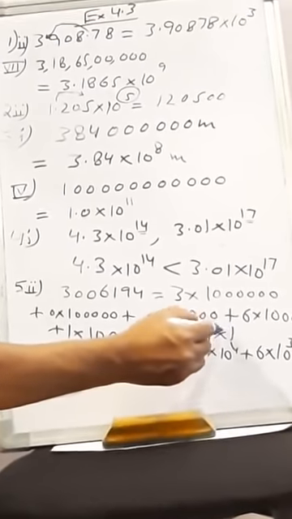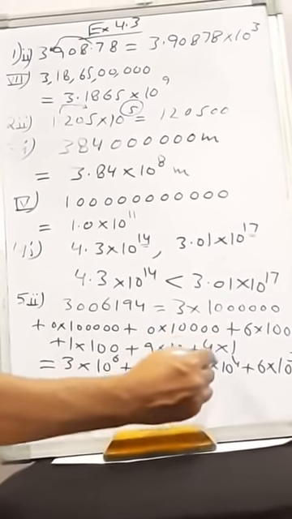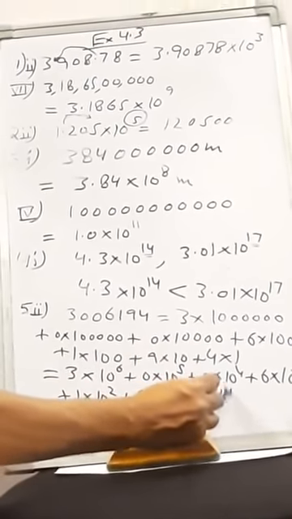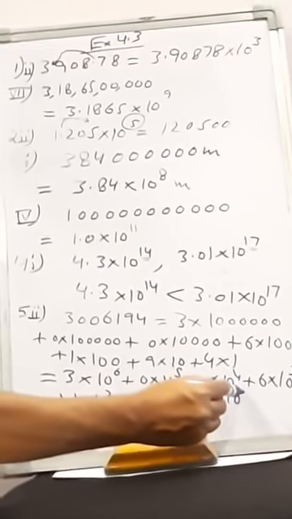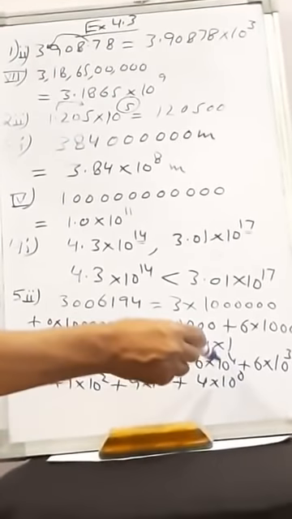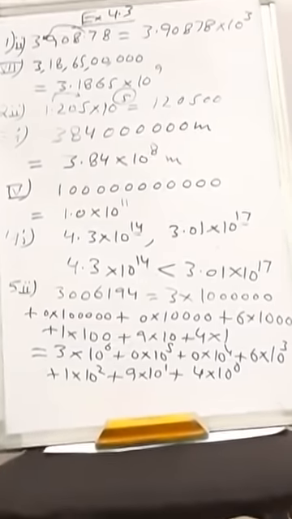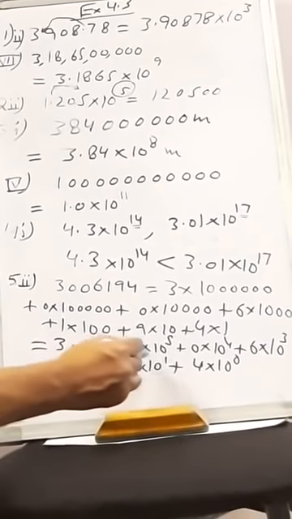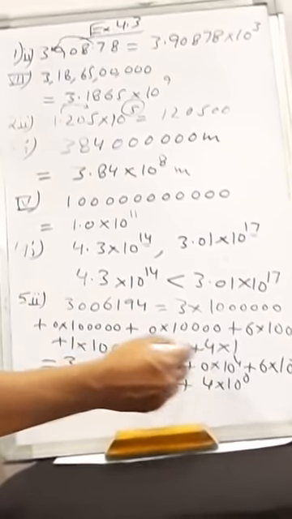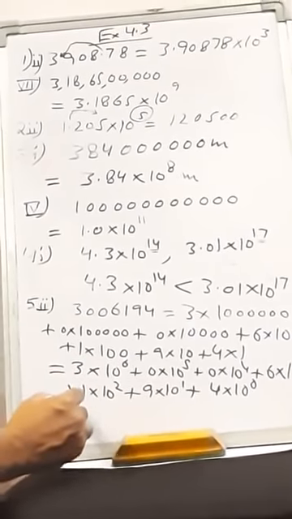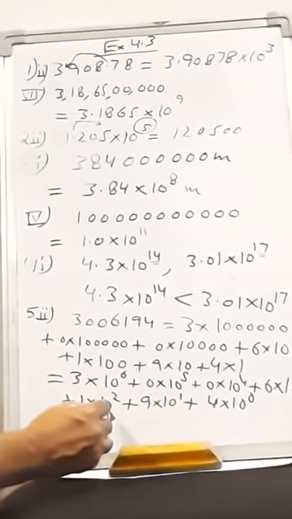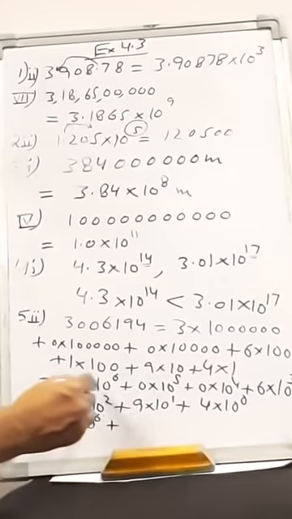Now here I already told you 4 into 1. So this also we will write as 10 to the power something, since 10 to the power 0 is 1. So we'll write 1 as 10 to the power 0. Now 0 multiplied by something becomes 0, so we can remove this in the final answer. So 3 into 10 to the power 6.